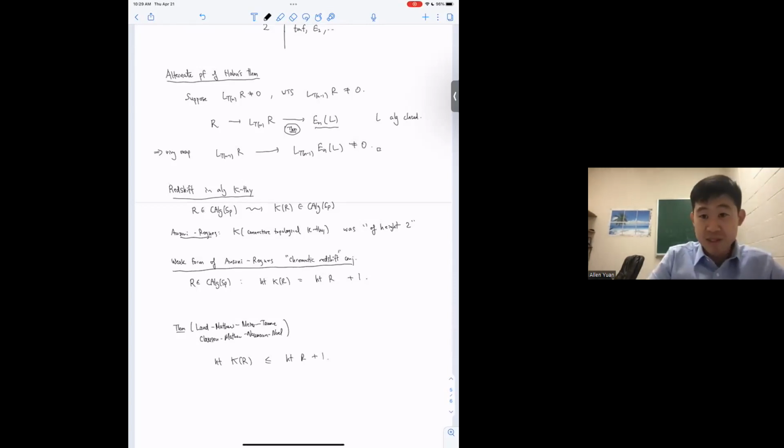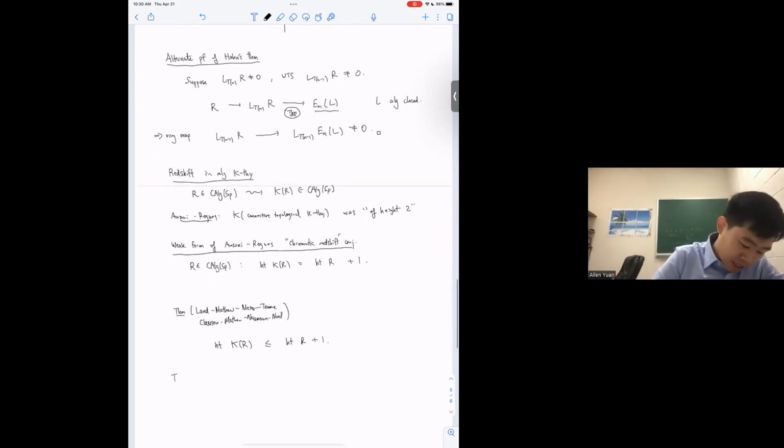So algebraic K-theory may redshift, and if it does, it's by at most 1. And relative to the form of the conjecture I stated, the remaining question is, well, does that redshift actually happen? Is this actually an equality?